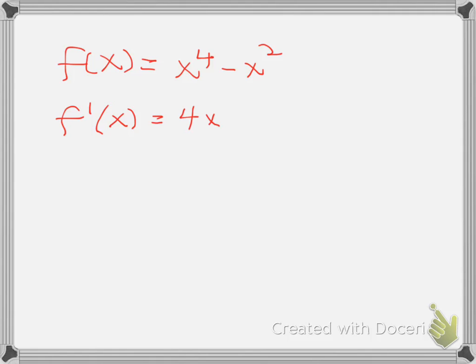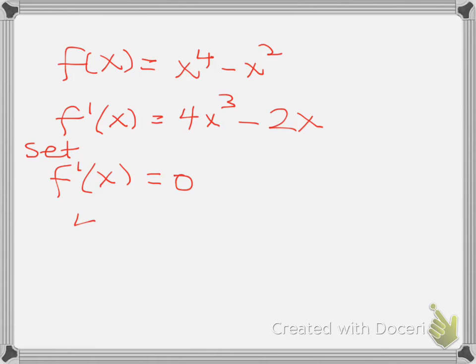All right, so if f of x is x to the fourth minus x squared, then f prime of x will be what? This is a straightforward derivative, 4x cubed minus 2x, okay? And then we need to set f prime of x equal to 0 and solve, okay? So we have 4x cubed minus 2x equals 0.